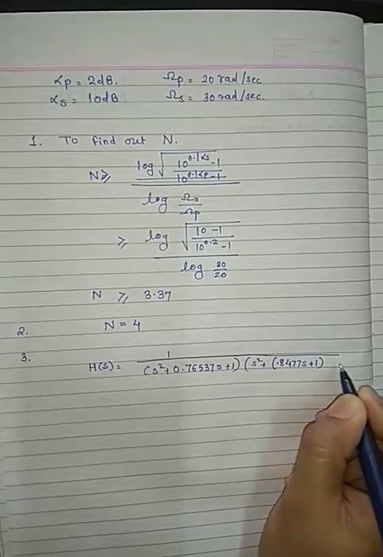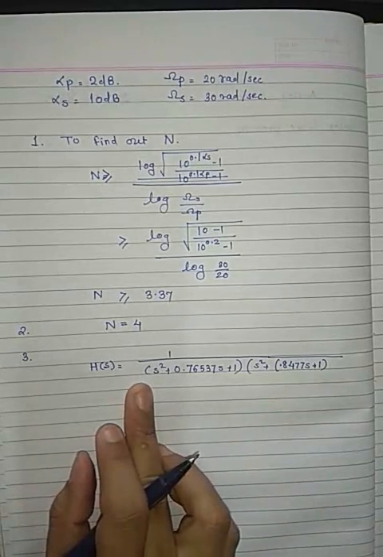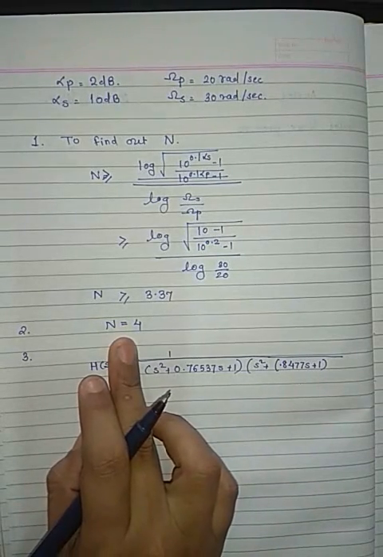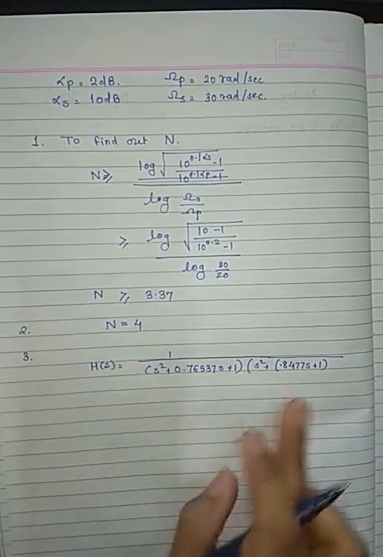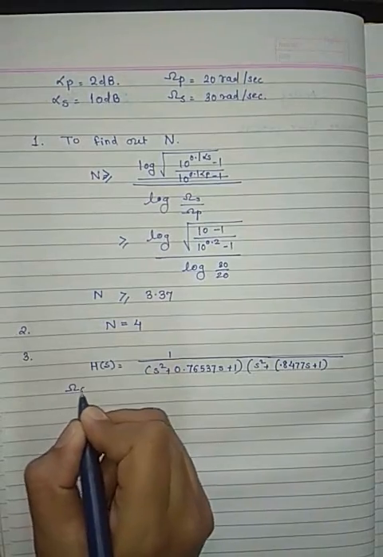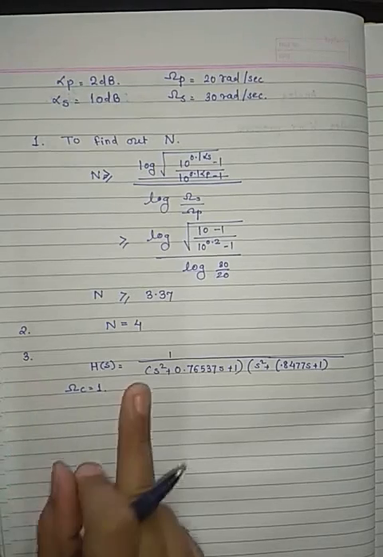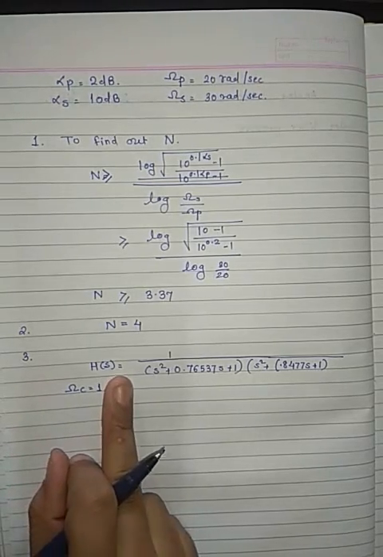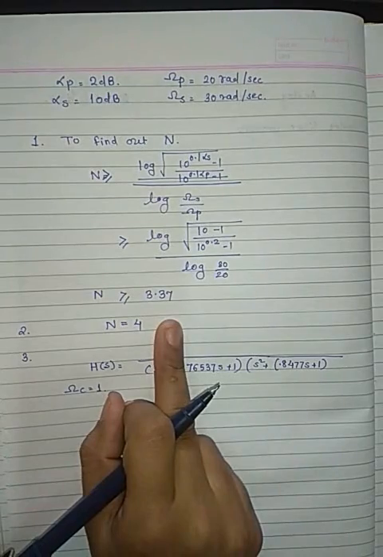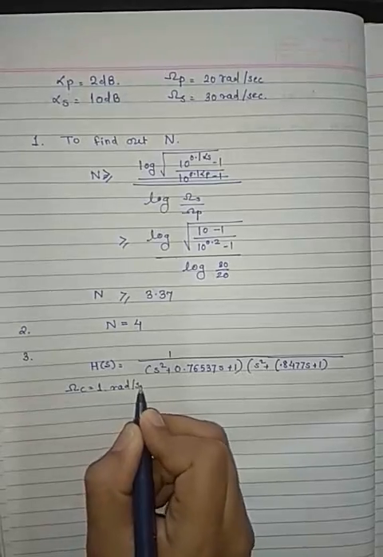This is the transfer function for the Butterworth filter of order n equal to 4, for the case when Ohm C is equal to 1. This is our third step, that we have to find the transfer function for the given order of the filter at Ohm C equal to 1 radian per second.